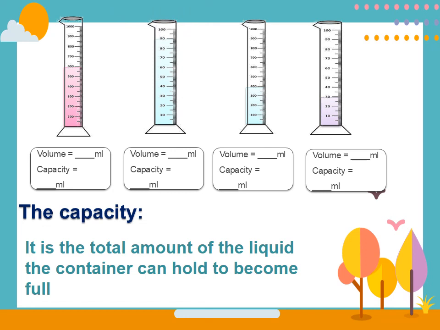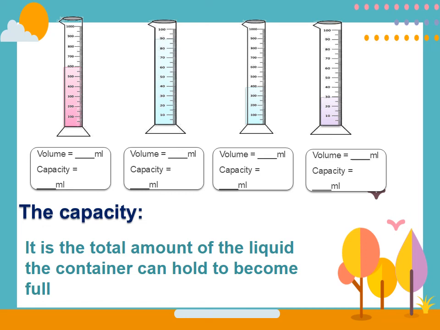Okay, primary 3. Now, with this question, we have graduated cylinders with a liquid. We want to know the volume and the capacity of each graduated cylinder. We have here 4 graduated cylinders. Okay, what is the capacity? The capacity is the total amount of the liquid that the container can hold to become full, the maximum amount the container can hold.